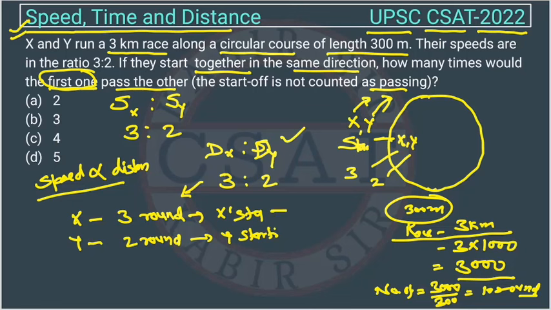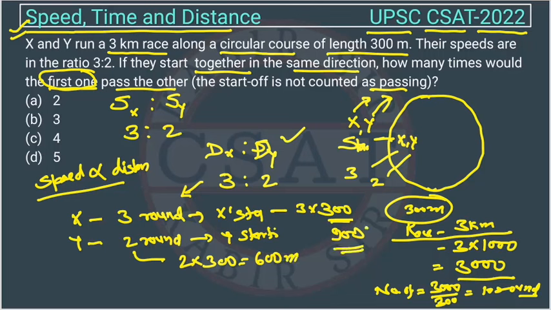Okay, so 3 rounds means how many meters? 3 into 300 because one round is 300 meter. So X is covering 900 meter distance and Y is covering 2 into 300, which is 600 meter. So X covers 900 meter, in the same time Y covers 600 meter.